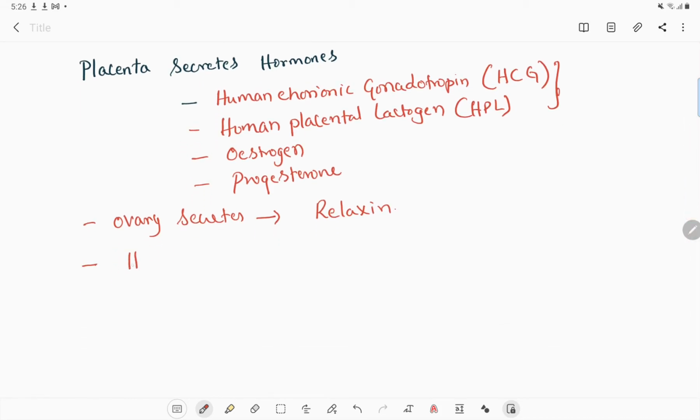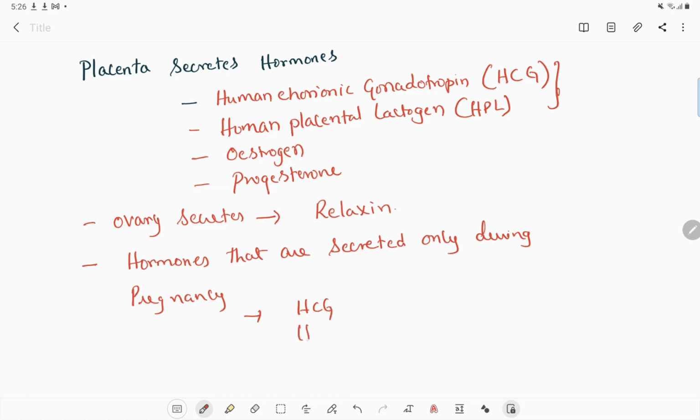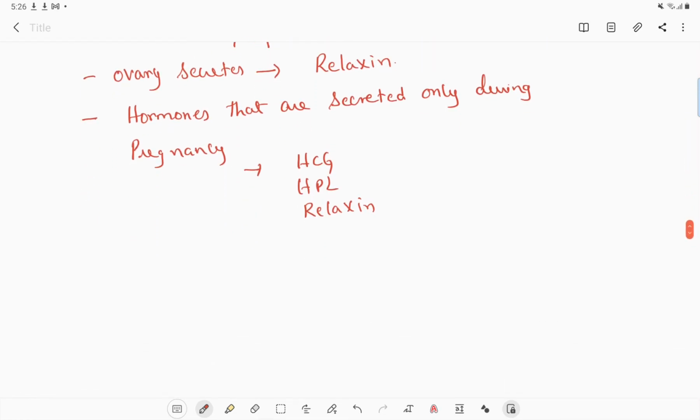Here the question comes: what are the hormones that are secreted only during pregnancy? You have to remember that HCG, HPL, and relaxin. Only these three hormones are secreted only during pregnancy. Estrogen and progesterone are also present in a woman who is not pregnant.